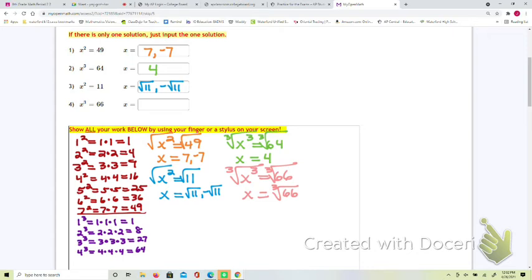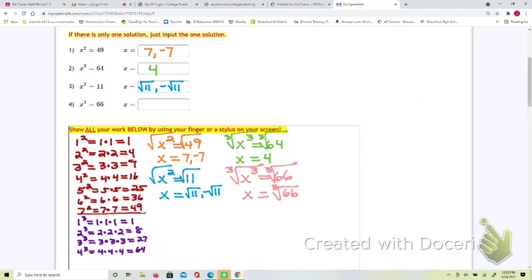Miss Marnie, can you help me put in the answers? Oh, yeah. Okay, so 7, comma, -7. And then in the next one, just 4. Okay, and then in the next one, square root, that one. And then 11. And you have to hit the right arrow.